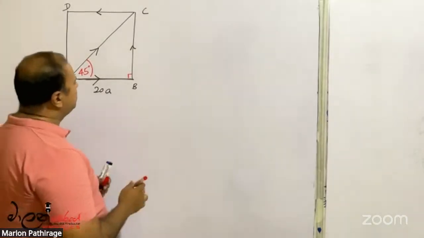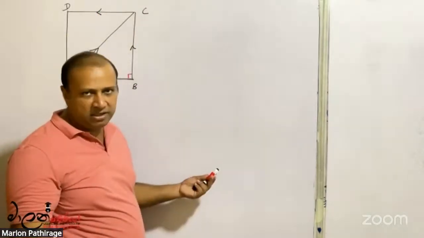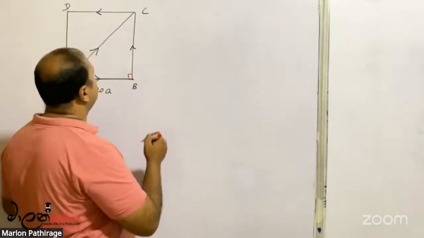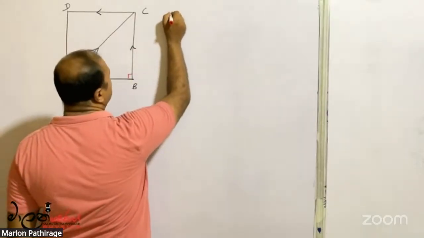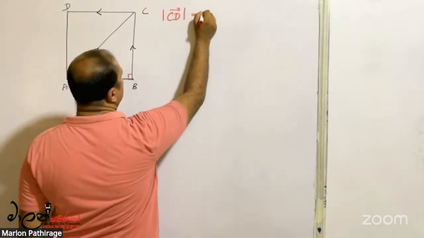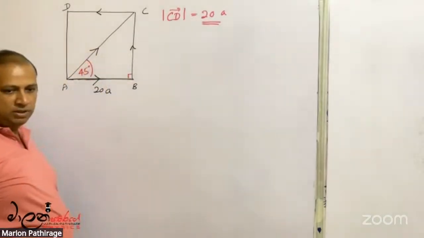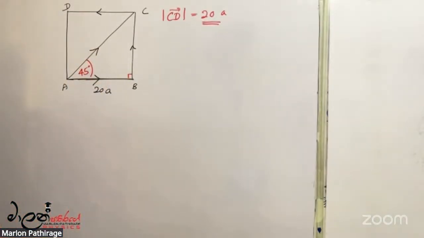So you can easily determine the magnitude of CD vector. That is 28. Then, next one.